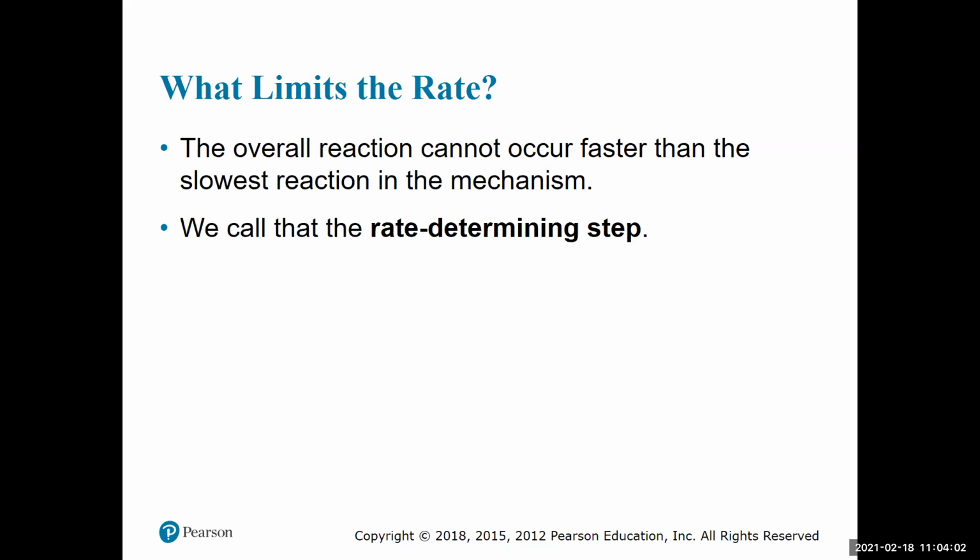All those intermediate reactions don't usually occur at the same pace, and so one of them is usually slower. That slowest one is the one that really determines the overall rate. Because if you speed up the others, but you still have that slow one in there, it doesn't really matter that you sped up the other ones that much.